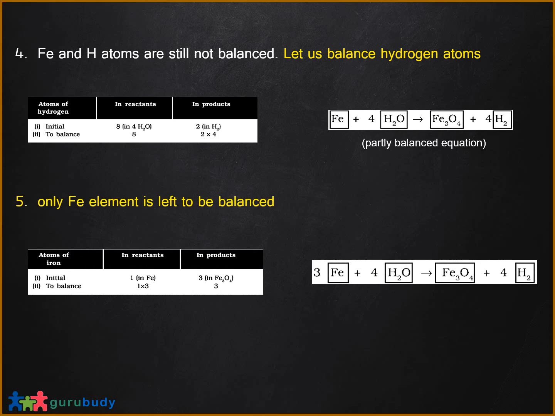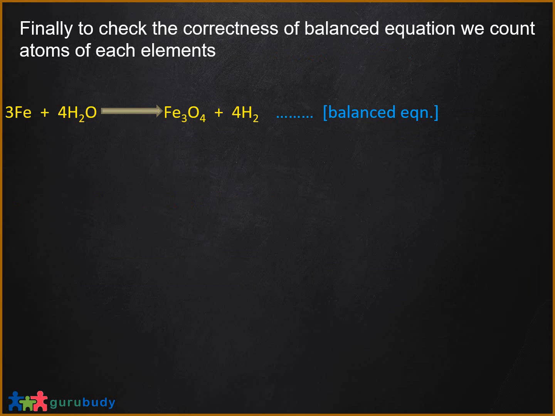So let's do the same exercise. We see that we have 1 atom of iron in the reactant and 3 atoms of iron in the product. So we multiply the reactant by 3, and we will have 3 on the reactant side and 3 in the product. As you can see in the box equation, our iron atoms are also balanced. Now we have a balanced equation, but we have to do a final check to make sure we have done our job right.